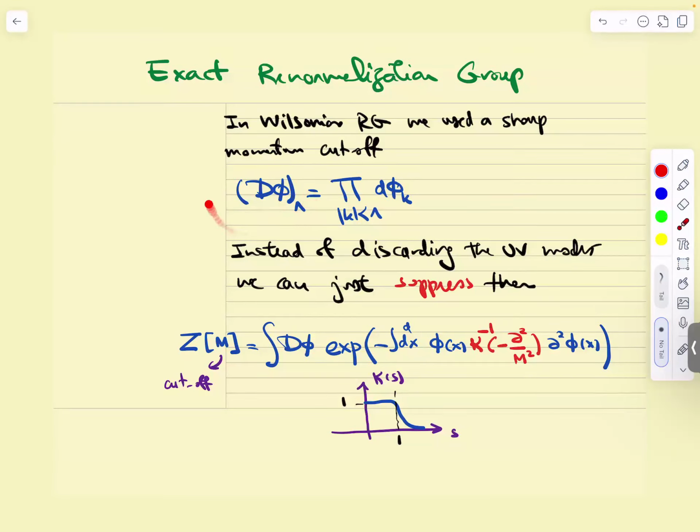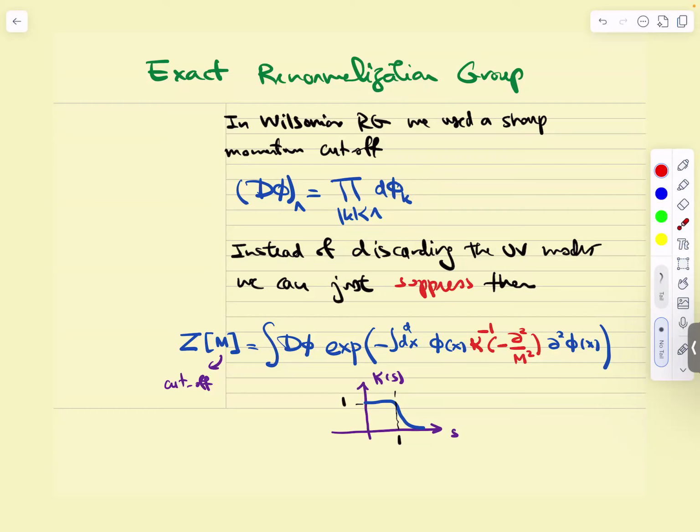So we said there's a path integral over the field phi, and we're only going to integrate over momentum modes, Euclidean momenta, that are up to a certain k squared, lambda. This is called a sharp momentum cutoff. And when we move the cutoff, we are integrating things out.